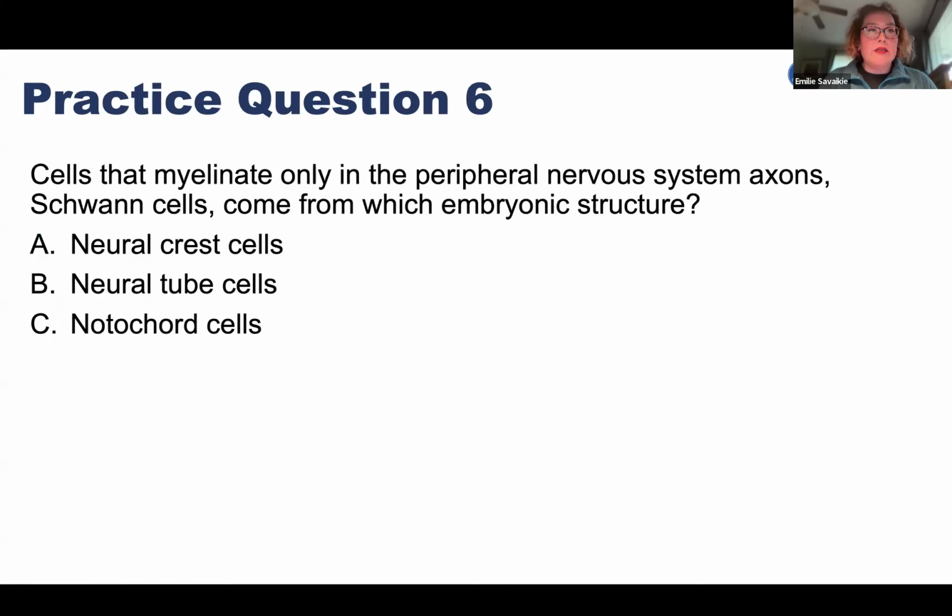All right. Cells that myelinate only the peripheral nervous system axons, known as Schwann cells, come from which embryonic structure? Neural crest cells, neural tube cells, or notochord cells? And this is the last question I have.